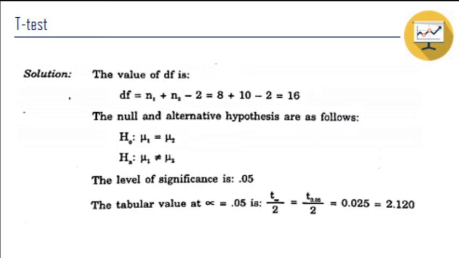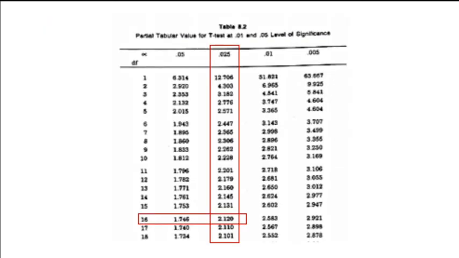Kasi ang alternative hypothesis natin is mu1 is not equal to mu2. Diba sabi natin kanina, kapag ginamit natin yung not equal to sa alternative hypothesis, two-tailed siya. So, kailangan nating i-divide ng 2.